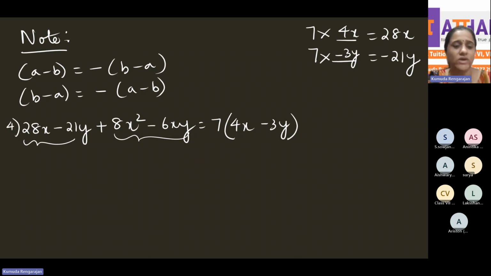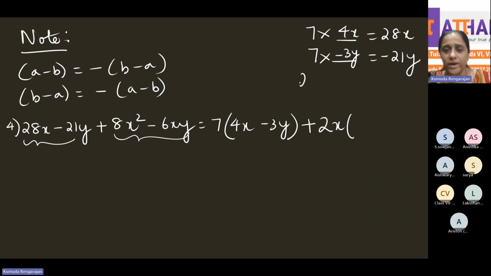After the second term, we have a plus sign, so that's what we need to take here. The HCF of the third and the fourth terms: for 8 and 6 it is 2. X squared and x is x. Ignore y. This is the HCF, open bracket.